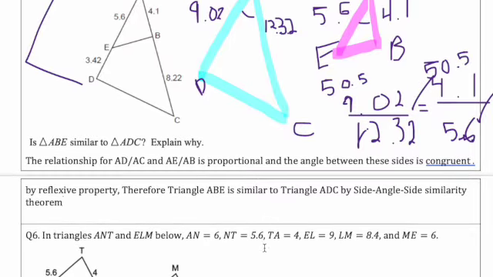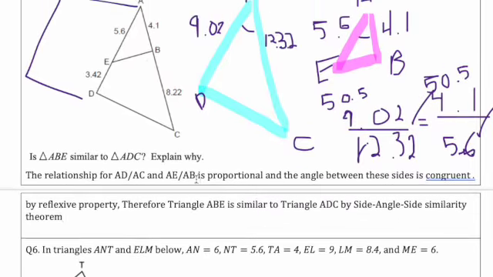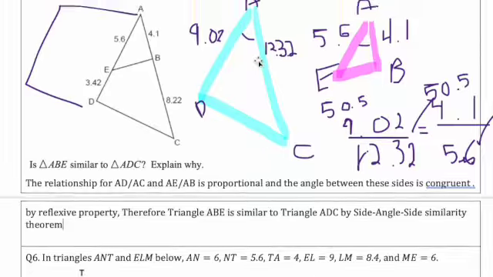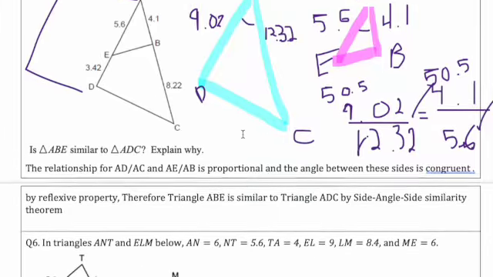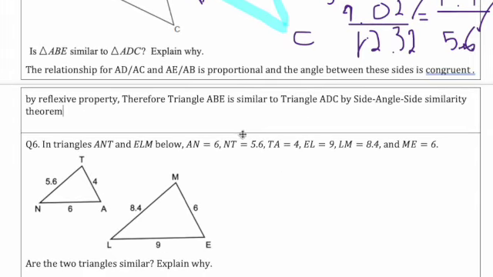Similarity theorem, okay, which says that if you have two sides, right, proportionate, and the angle in between the two sides of the triangle is congruent, then the triangles are similar.